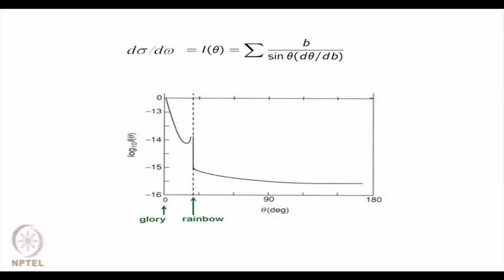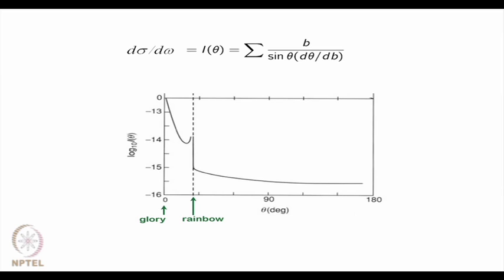When theta is equal to theta r, we obtain the singularity. Now, for theta less than theta r, 3 values of B can lead to deflection through the same scattering angle and lead to interference. It is again a case of interference, which is called the supernumerary rainbow.